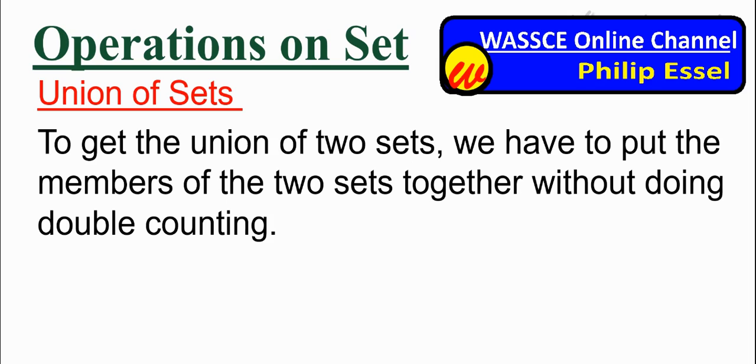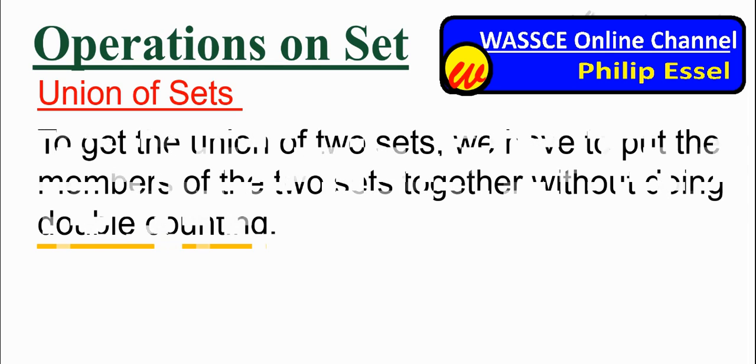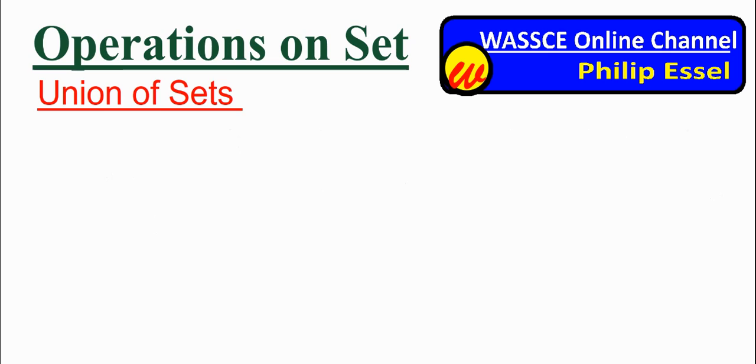To get the union of two sets, we have to put the members of the two sets together without doing double counting. Later, we would understand what it means by we shouldn't do double counting. So let's use some examples to explain the concept of union of sets.